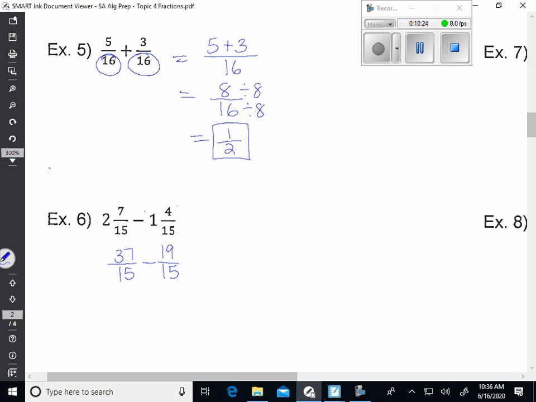So now we've gone from mixed to improper, but notice the denominators are still the same. So we keep the denominator and subtract the numerators. 37 minus 19 gives you 18.